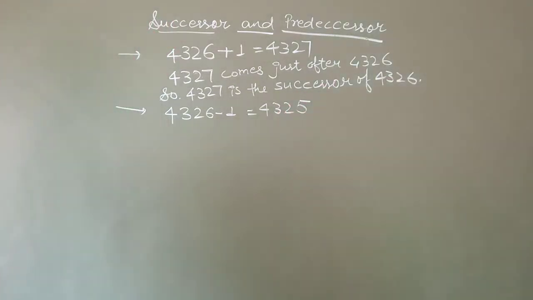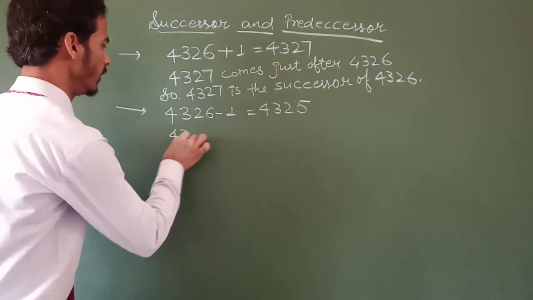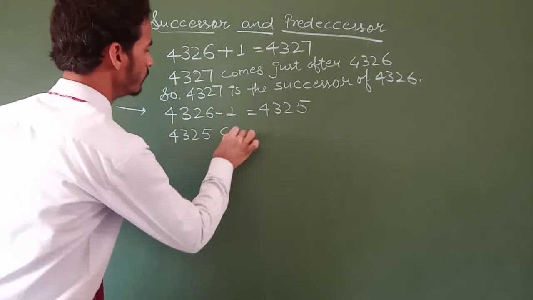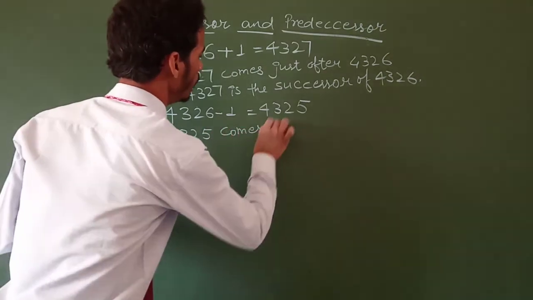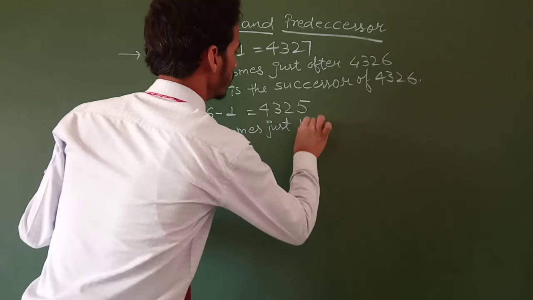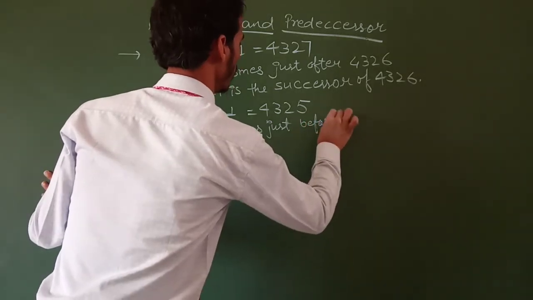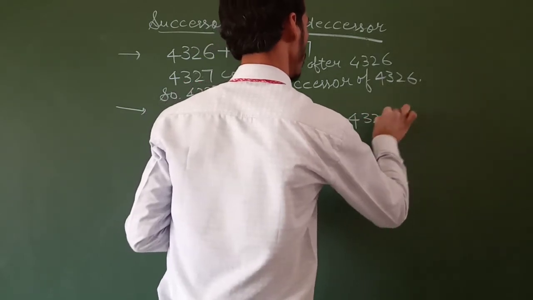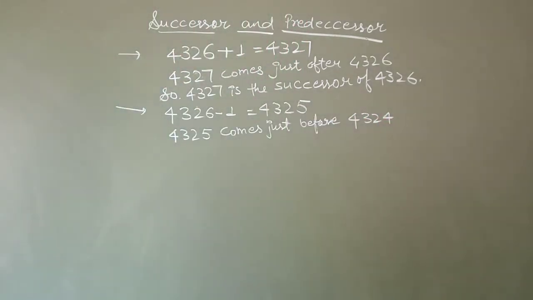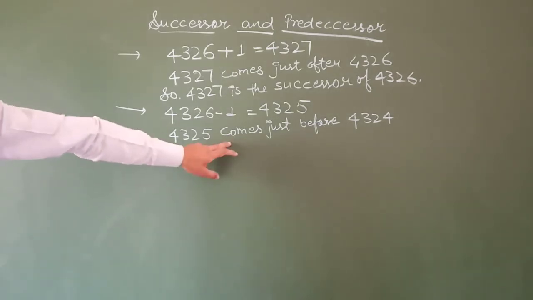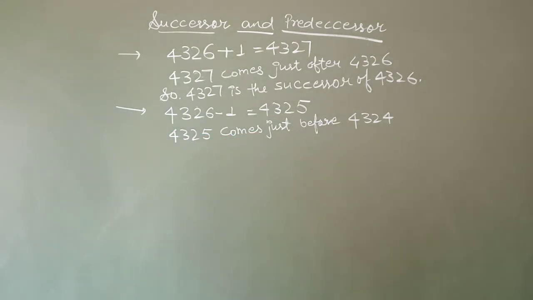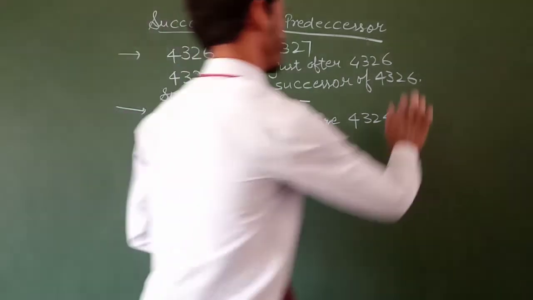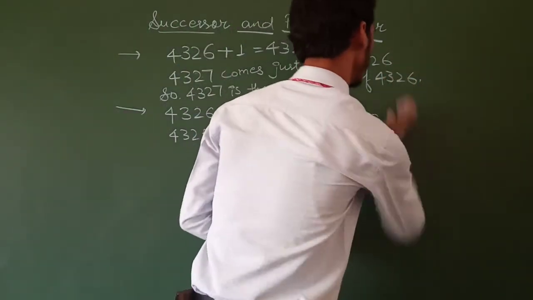So we can say that 4325 comes just before 4326.